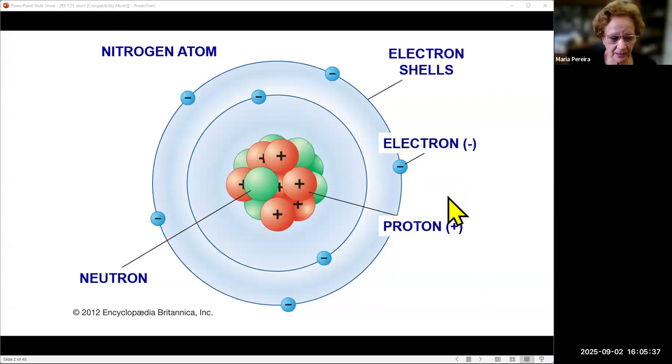But this atom could hold up to 8 electrons on the second shell. And as you go on moving from shell to shell, there's more and more electrons. The third shell can hold up to 18 electrons. So the outer shell of an atom is called the valence. So in this atom, the valence, which is the second shell, contains 5 electrons.